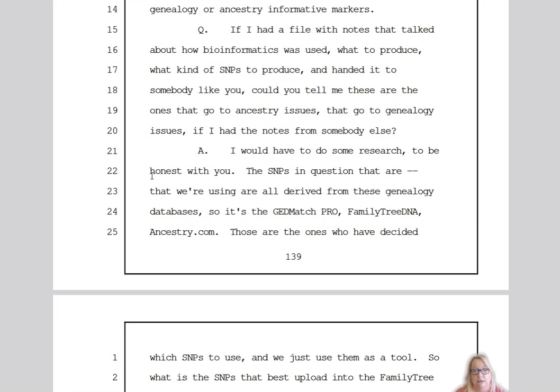So she says, if I had a file with notes that talked about how bioinformatics was used, what to produce, what kind of SNPs to produce, and handed it to somebody like you, could you tell me these are the ones that go to ancestry issues, that go to genealogy issues, if I had the notes from somebody else? So I want to say different parts on your chromosome do different things.